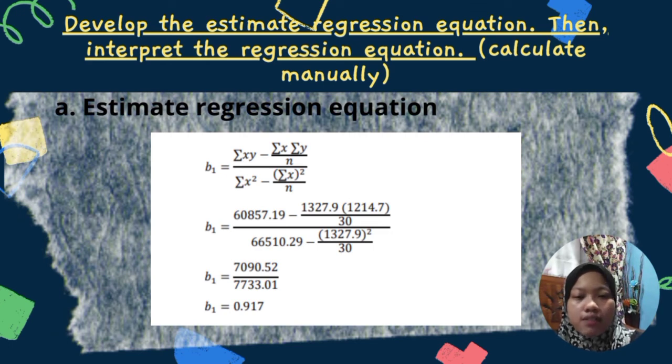So you get 7,019.52 divided by 7,730.01, which equals 0.917.